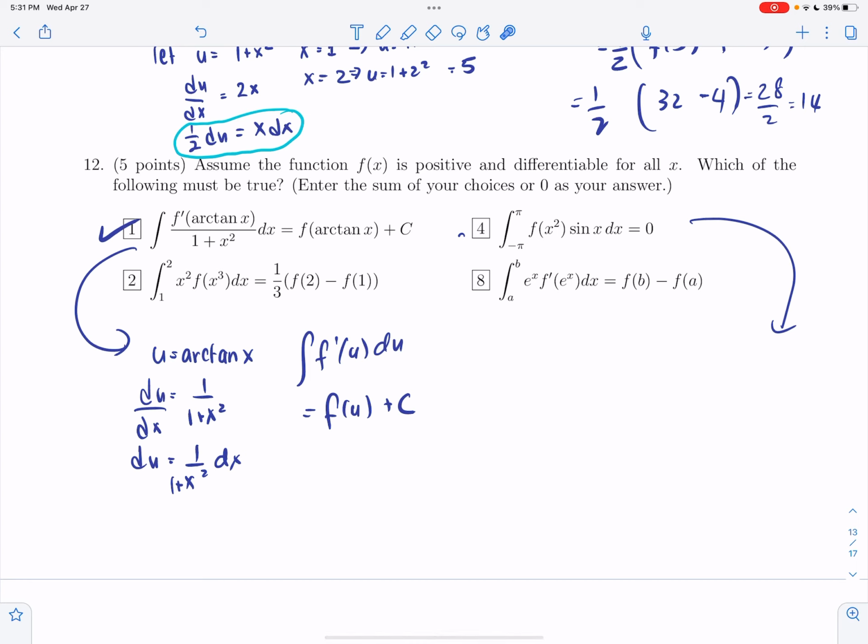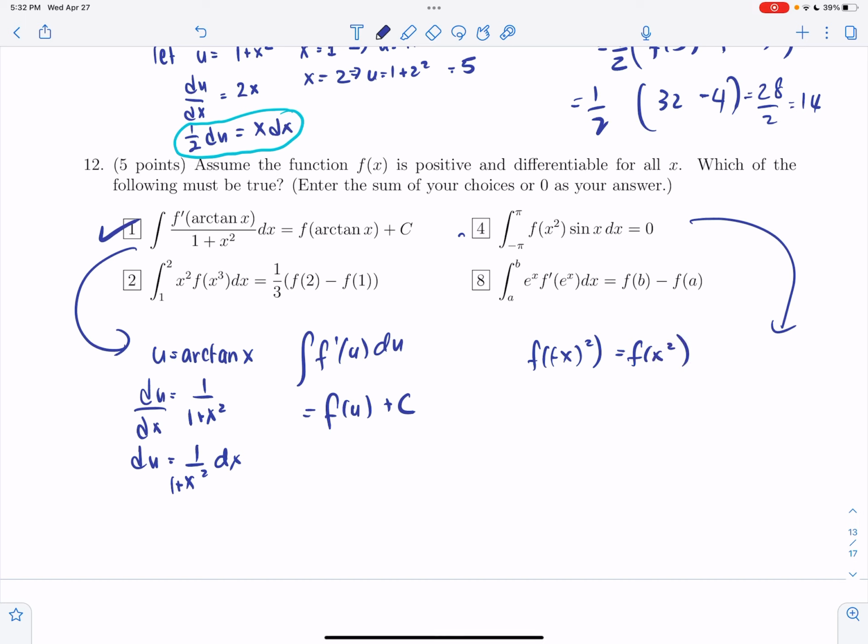Well, what about f of x squared? That part will just be an even function, right? f of x squared is an even function because f of minus x squared is f of x squared.